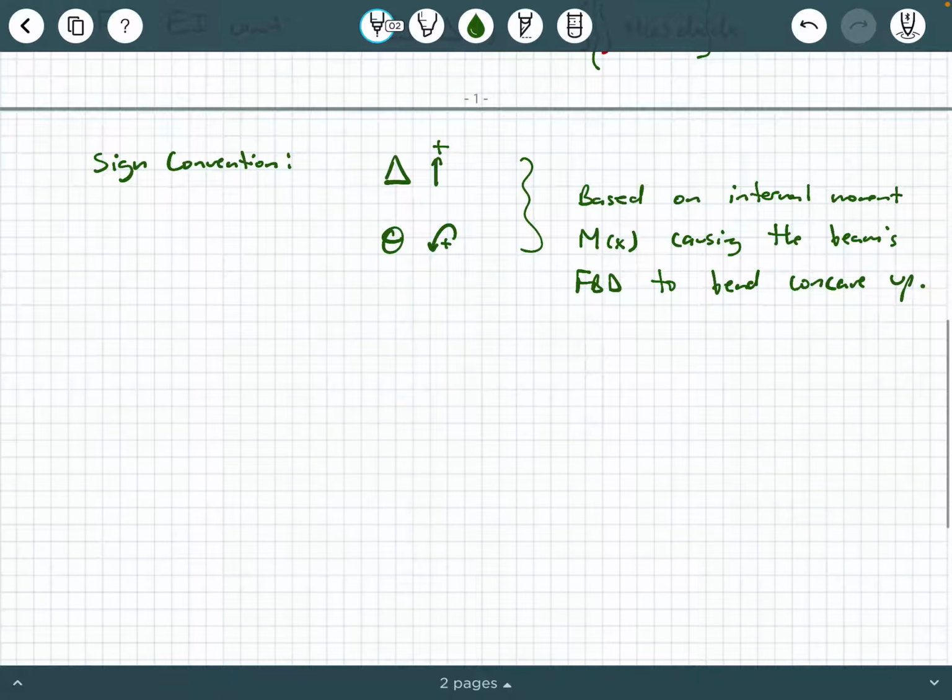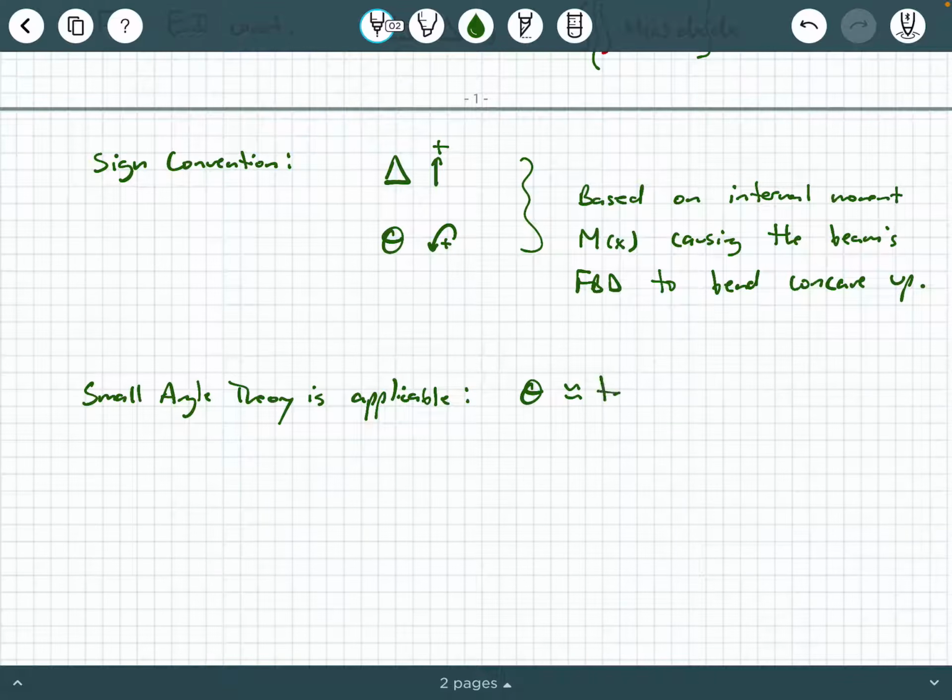Another thing we can utilize when we're performing these calculations is small angle theory. So I'm going to write small angle theory is applicable. Now, if you remember, small angle theory says that theta is approximately equal to the tangent of theta, which is equal to d delta over dx, okay?